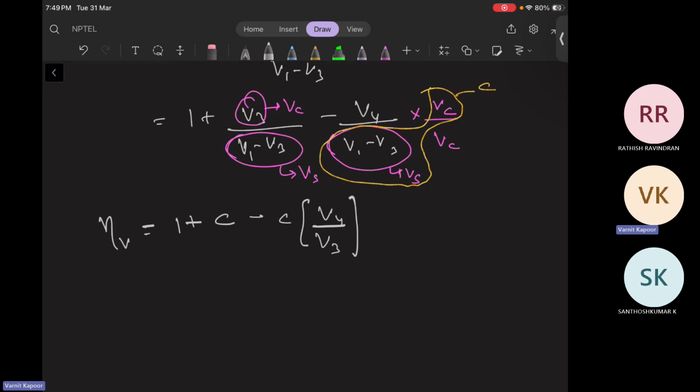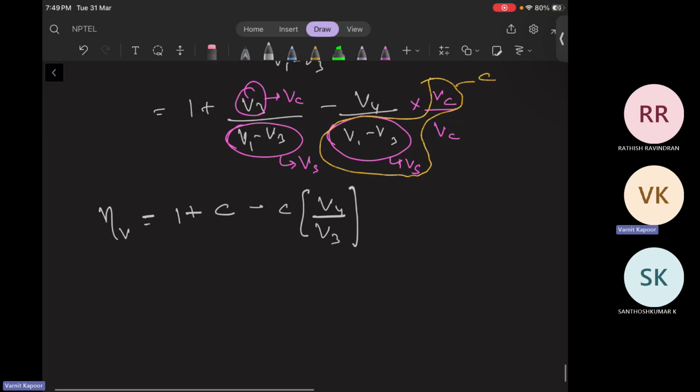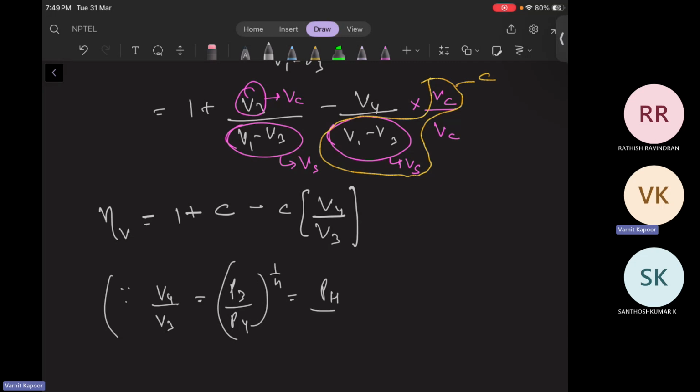And in terms of pressures, since V4 by V3 is (P3 by P4) to the power of 1 by n, and P3 was P higher and P4 was P lower, put this in.